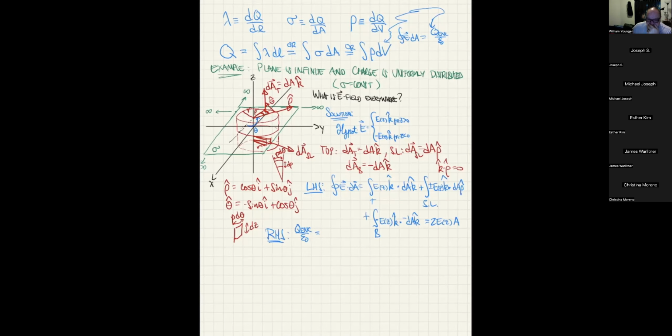Sigma A. Sigma A, exactly. So we're just going to put sigma A over epsilon naught, and the right-hand side's done.